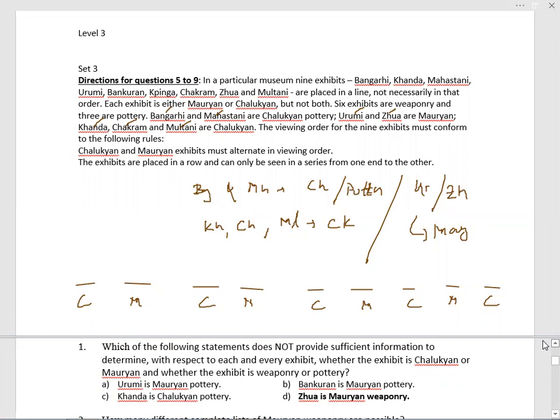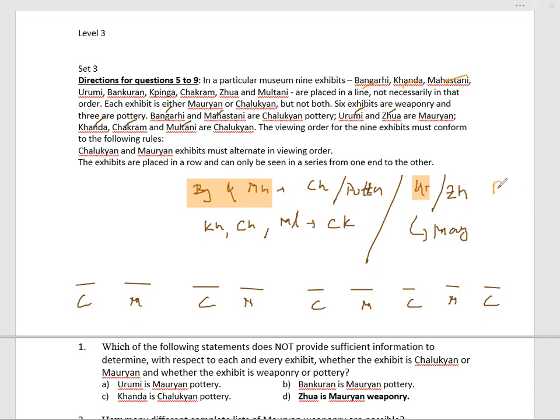So now we have these 3 potteries. And if we have Urumi is a Mauryan pottery, so rest 4, this Chalukyan and this 3. Achha, we have 5 Chalukyan. So not only Urumi and Zua, MH given, Khanda given, BG given, BN.